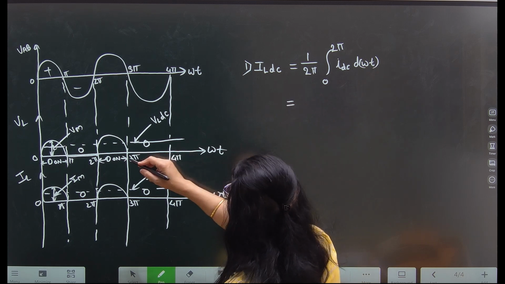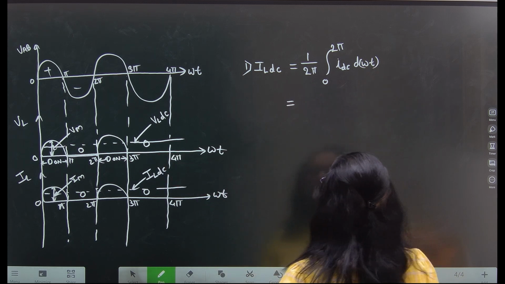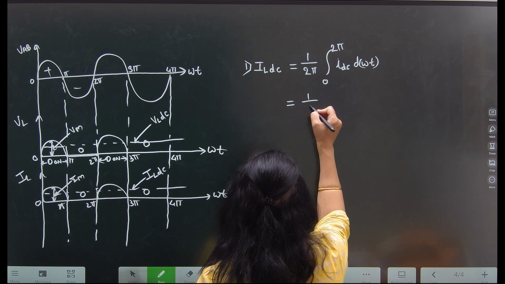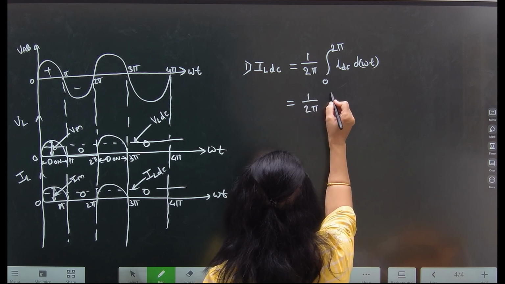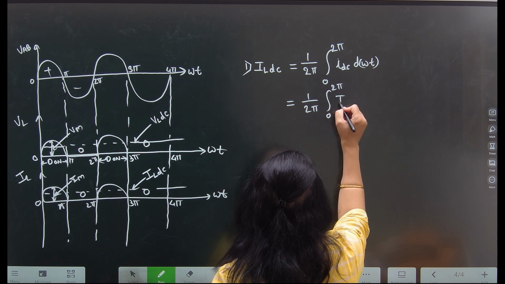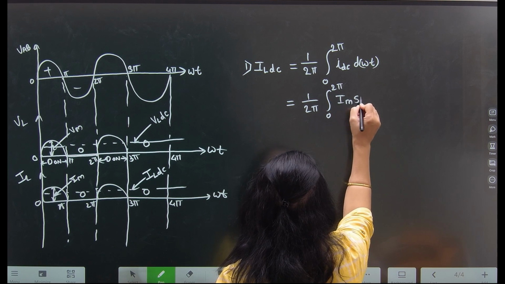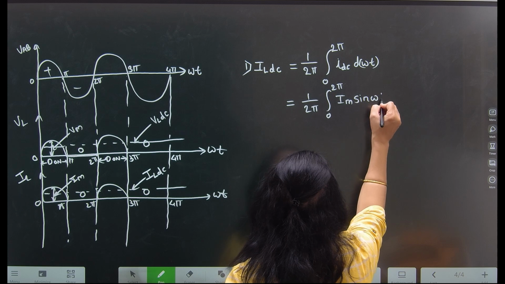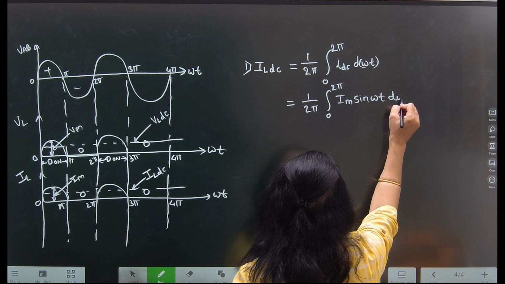But we know that a sine waveform is there, therefore the equation is integration from 0 to 2 pi of Im sine omega t into d omega t.